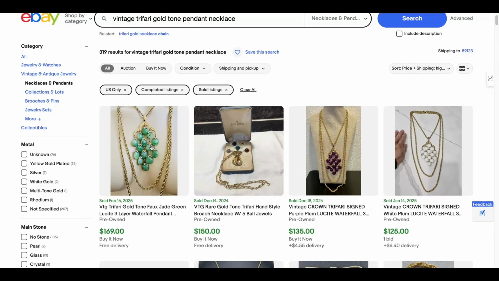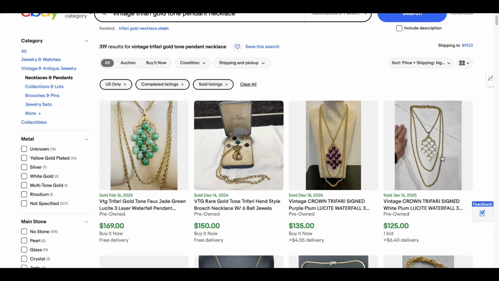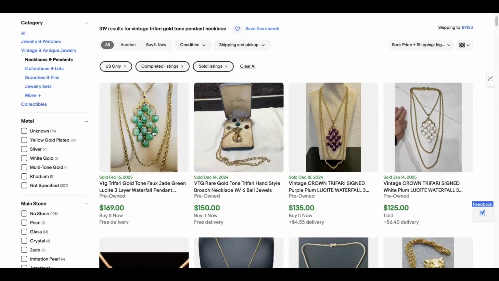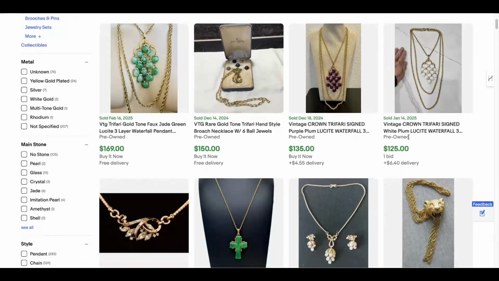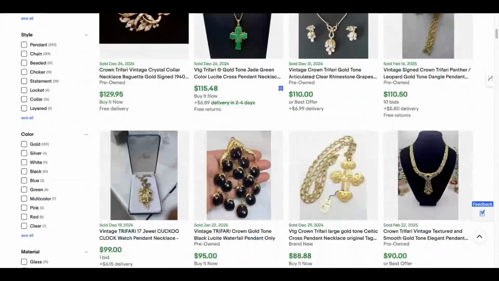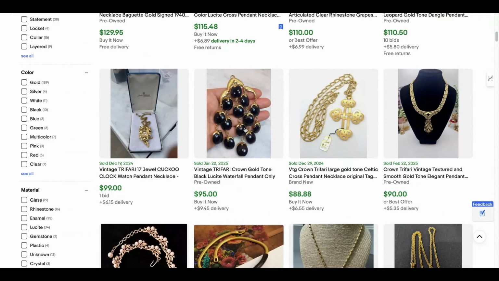And you can see that it comes in different colors. So maybe the green color is the one that's more rare, or maybe that's the one that's more in demand. But this waterfall pendant necklace obviously is something that I will keep an eye out for when I'm out searching. And you can see here that the pendant by itself also sells, and that sold for $95.